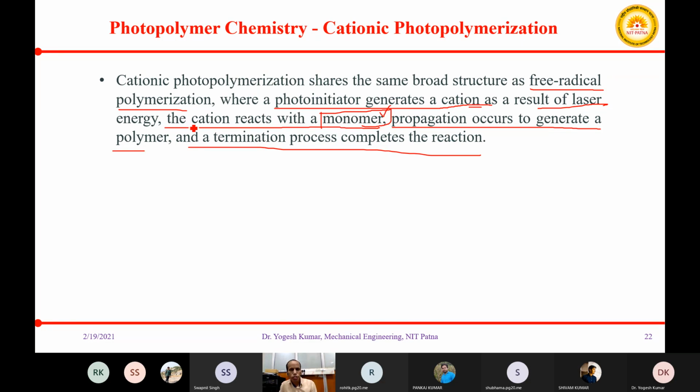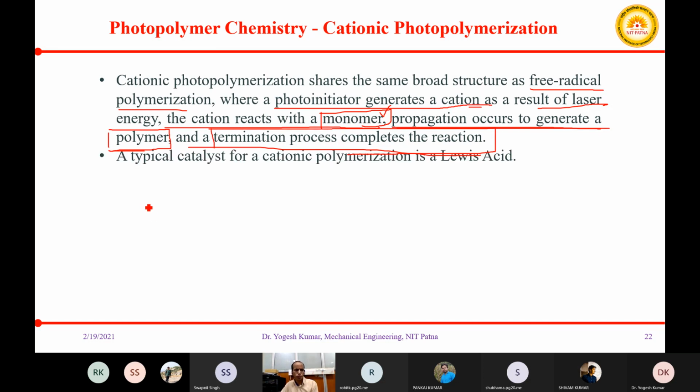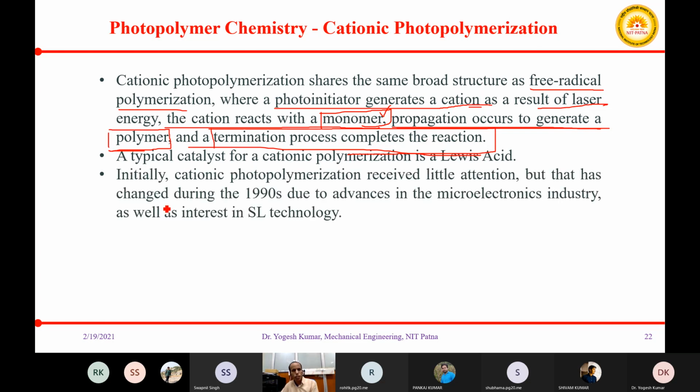This cation reacts with the monomer and generates a polymer, so the monomer is converted into solid polymer. If we stop exposure to laser energy, this will lead to the termination of the polymerization process. A typical catalyst for cationic polymerization is Lewis acid.